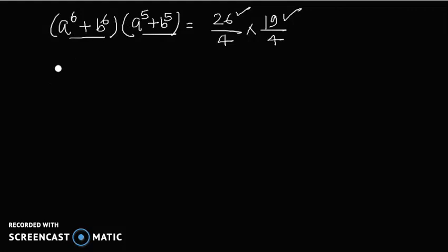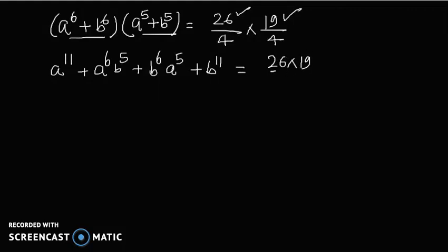So a raised to power 6 and a raised to power 5 gives us a raised to power 11 plus a raised to power 6 b raised to power 5 plus b raised to power 6 a raised to power 5 plus b raised to power 11, and this is 26 times 19 by 16, which is 494. 26 times 19 is 494 by 16.